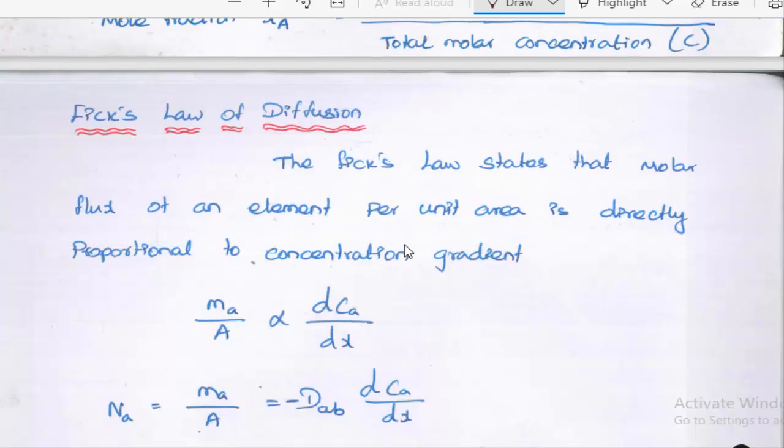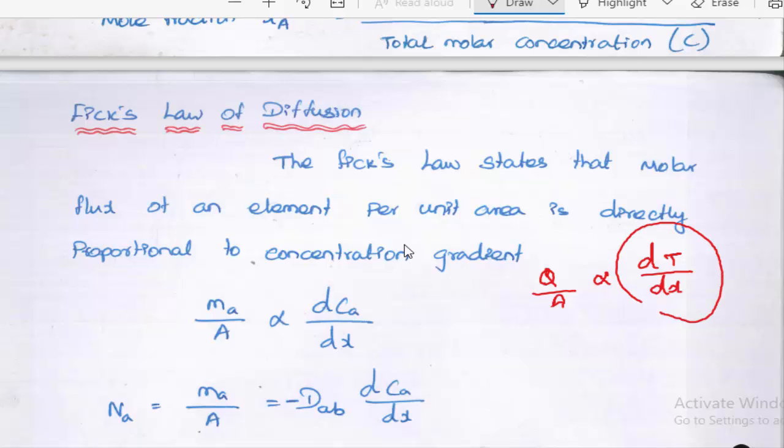Next, a very important thing. In heat transfer you have seen Fourier's formula, that is Q by A is directly proportional to dT divided by dx. Here instead of Q I am having Ma, that is molar flux, Ma divided by area, which is directly proportional to, here I am writing the temperature gradient because heat transfer happens because of the temperature difference.